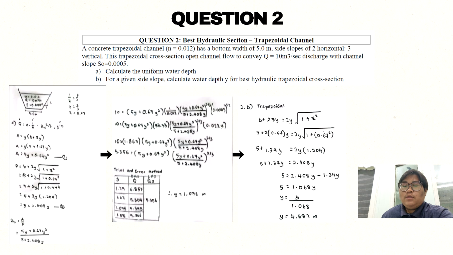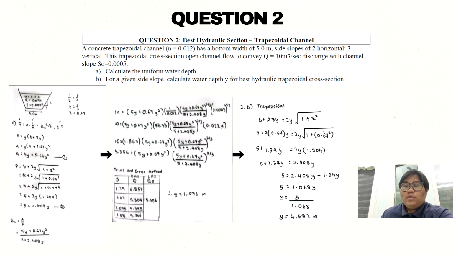After that, for the right one, multiply the 2y inside the bracket, and you will get 2.408y. After that, the 1.34y on the left, you have to move it to the right, so you will get 5 equals 2.408y minus 1.34y, and you will get 5 equals 1.068y.